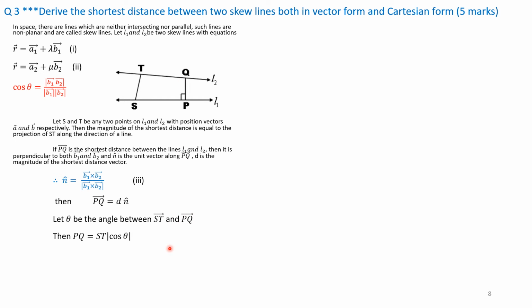Then by definition, PQ is equal to ST cos theta, where ST is the hypotenuse and PQ is the adjacent side. Therefore, cos theta by this definition is given by vector PQ dot vector ST divided by mod of PQ into mod of vector ST.